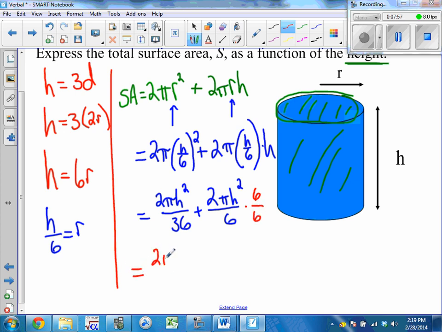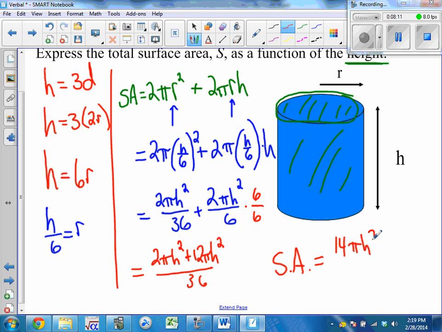So I get 2 pi h squared plus 12 pi h squared over 36. And finally, my surface area is 14 pi h squared over 36. So there is my surface area of this cylinder with only h. It has no r's in it.